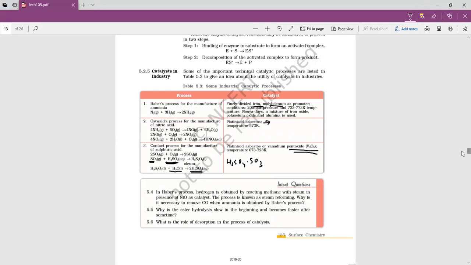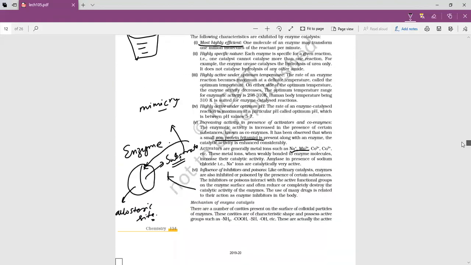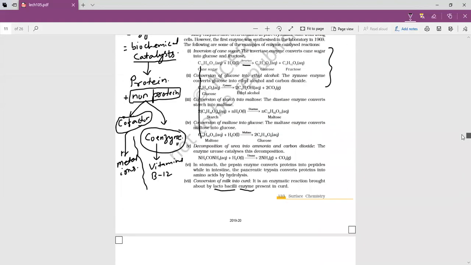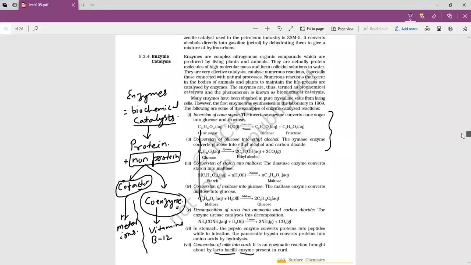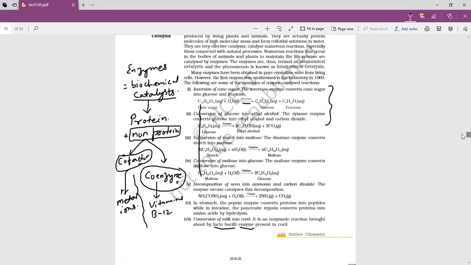So again, it is just a handspan sized concept that enzymes are biocatalysts. An enzyme contains two parts, a protein part and a non-protein part. The protein part is called the apoenzyme, and the whole enzyme is the holoenzyme, and the non-protein part is called the prosthetic group. This prosthetic group is non-proteinaceous and is of two types: cofactors or activators, and coenzymes.